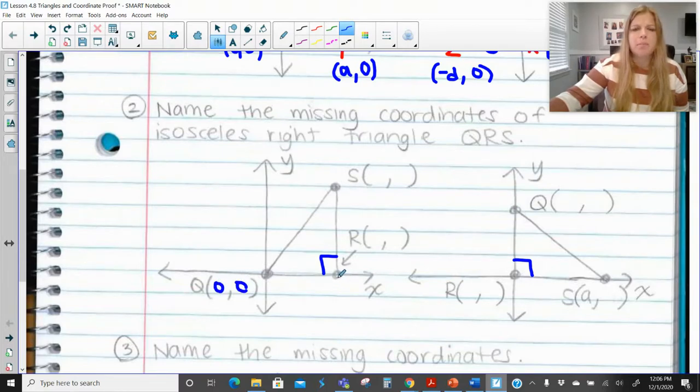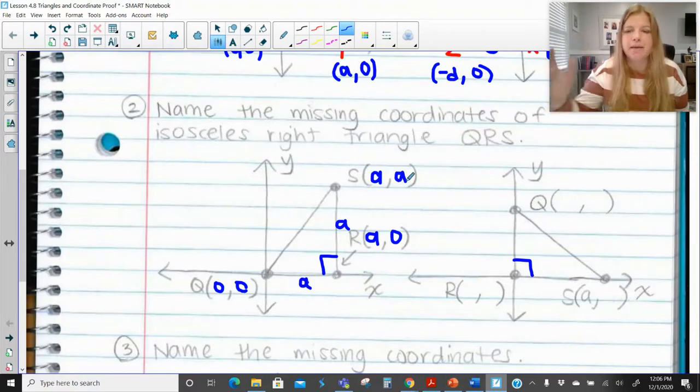R is at some point, I don't know, but let's say it's A units long and at 0. So I'm going to call this length A. And since it's isosceles, this would also have to be a length of A. So that means that point S is at A units across on the x-axis and A units up. So the coordinates of S are actually (A, A). And I'm just making up A.